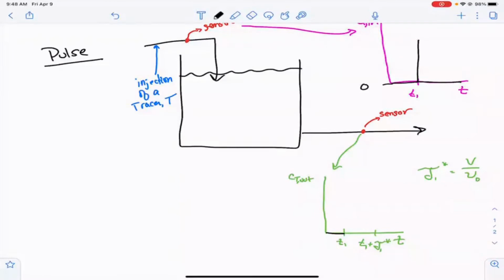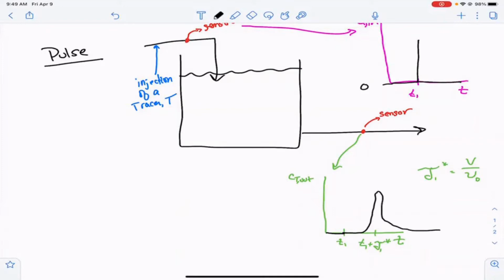Now, the pulse is in the reactor, right? We've put it in the reactor and it homogeneously mixes. And you get some average amount of time that the tracer is going to spend in the reactor, and then it's going to come down, right? And it'll trail off to 0.